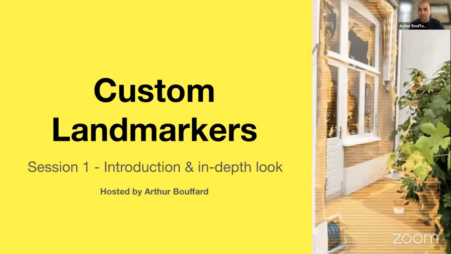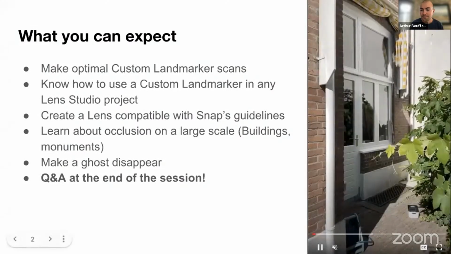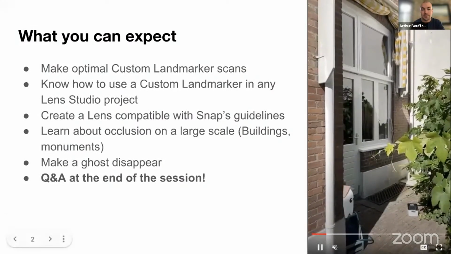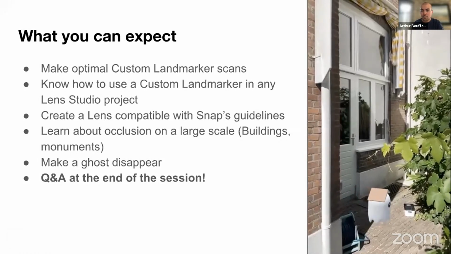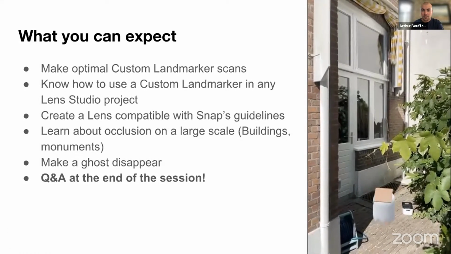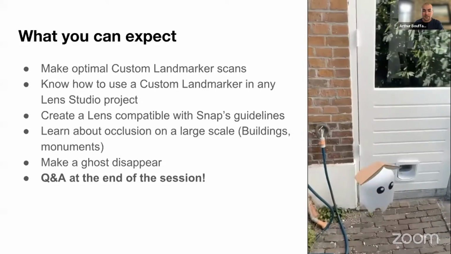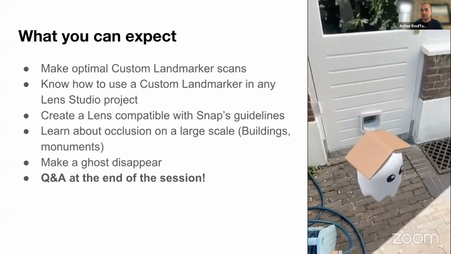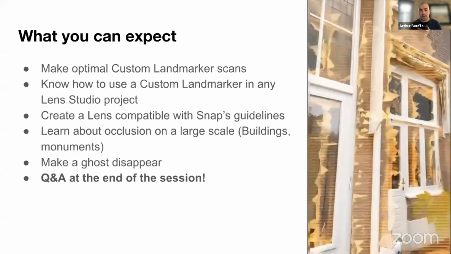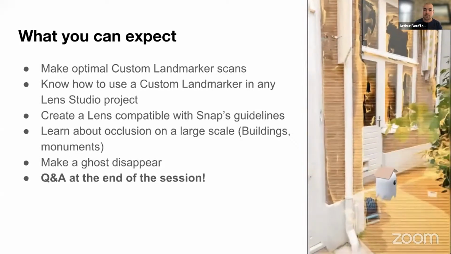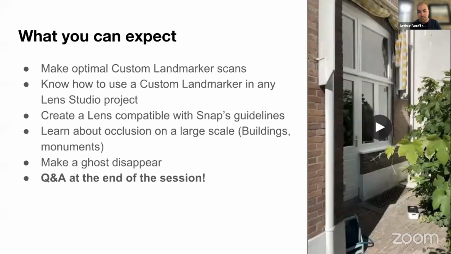I'm going to start this workshop, and what you can expect today is that I will teach you how to make custom landmarker scans. I will also share some know-how on how to implement these custom landmarkers in any Lens Studio project, and how to make a lens compatible with Snap's guidelines, because there are a few things you need to take into consideration.